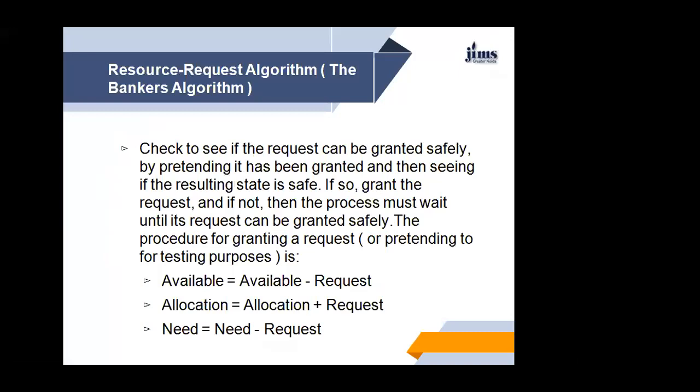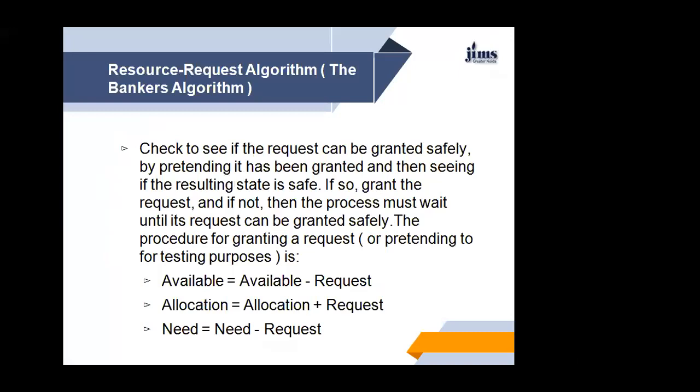Allocation equals Allocation plus Request. Let's say 6 resources have been allocated till now, and now the process is requesting two more. So now Allocation will be 6 plus 2, that is 8. The third one is Need: Need equals Need minus Request.